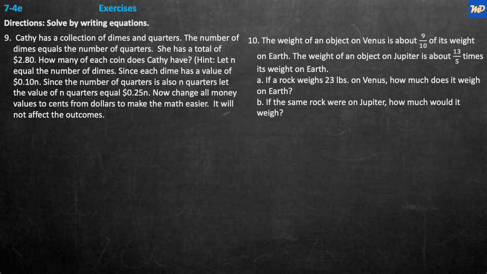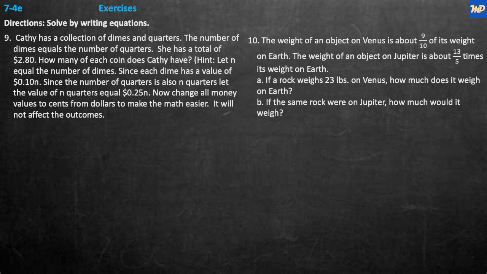And we let N equal the number of quarters too, so that's kind of convenient. It's going to be 0.25, or 25 cents, times the number of quarters she has. That's the value, and those two added together will give us $2.80. They also say to change everything into cents so we can get rid of the decimal points.